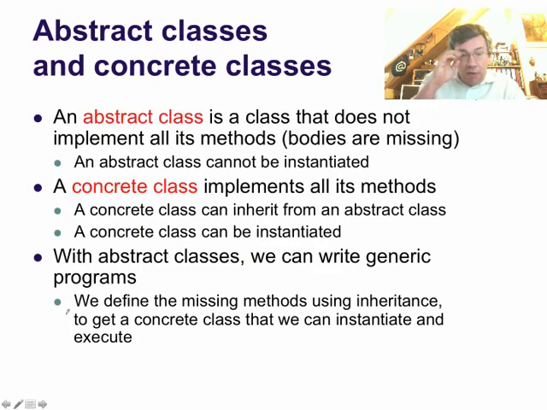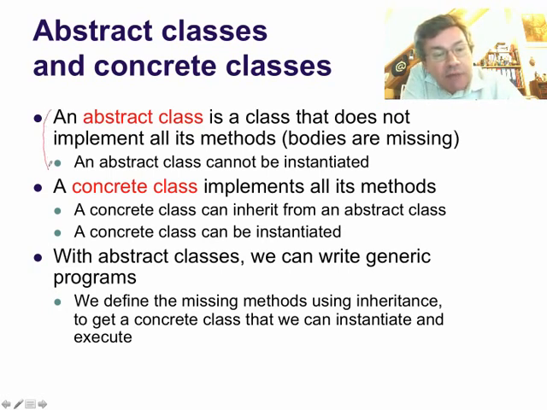So in Java, we have the concept of an abstract class. This is a class that does not implement all the methods. So it has the headers of all the methods with the names and the arguments and types, but not the bodies, not the code. So one cannot instantiate an abstract class.